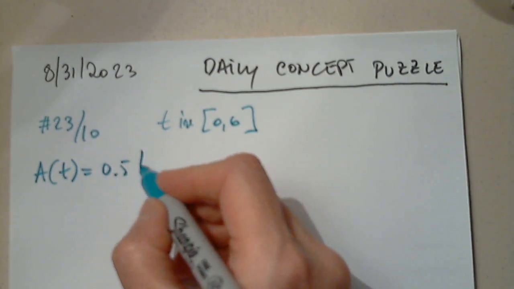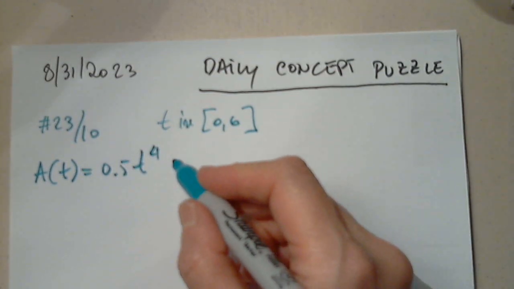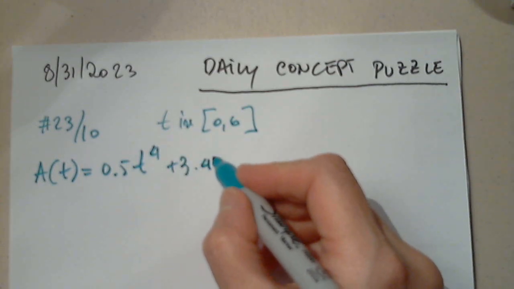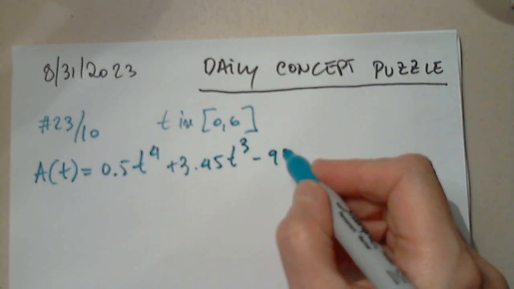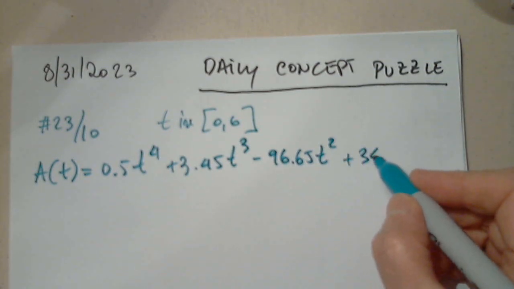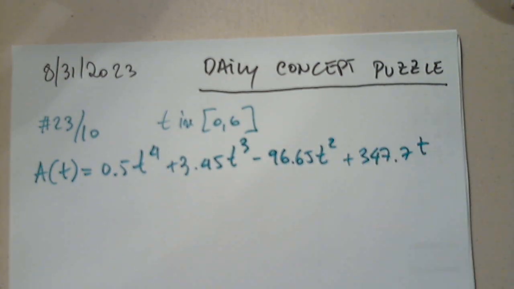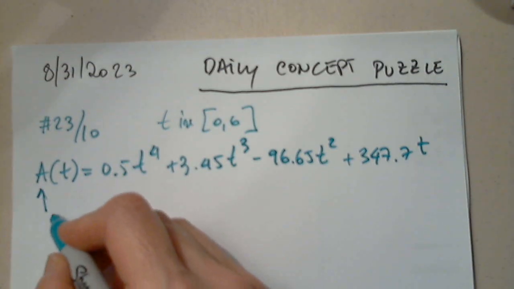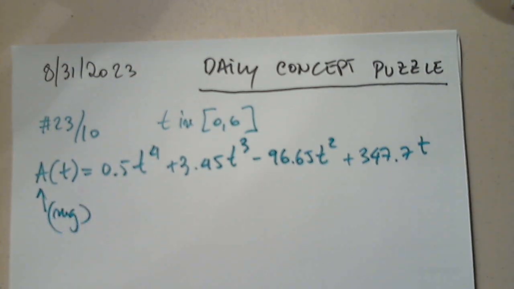So we have 0.5 T to the 4th plus 3.45 T to the 3rd minus 96.65 T squared plus 347.7 T. And A is in milligrams, so I will always take notes. The measurement unit is very important.